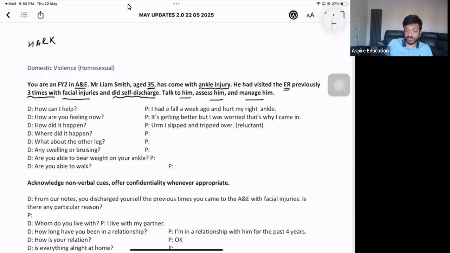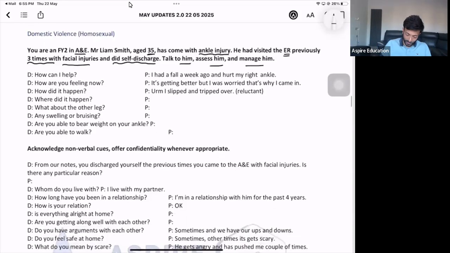So you can ask those questions as well. Or else you can start with some general questions: whom you are living with, how's your relationship, is everything all right at home, right? So all those questions you can ask first. And you will see they will be very hesitant in answering these questions. Offer confidentiality. At one point of time, they'll be able to open up, right?